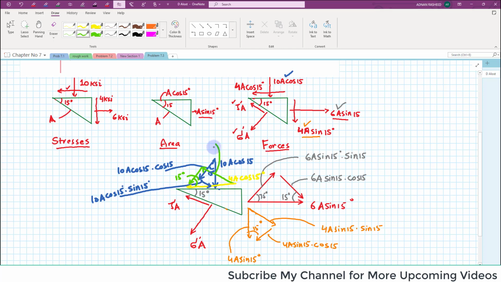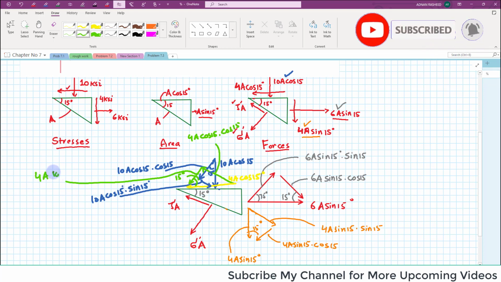So this component will be equal to 4A cos of 15 into cos of 15, and this component will be 4A into cos of 15 into sine of 15 degree.